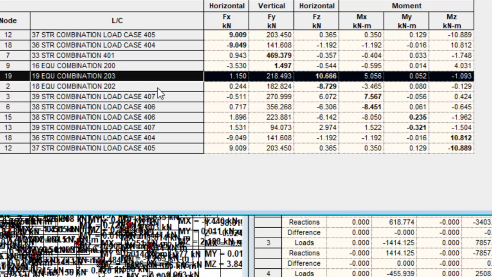Yeah. Okay, see this one. This one is giving us FZ lateral force. The maximum lateral force here is for equilibrium. Like I told you before, this equilibrium is for us to check uplift and sliding check, and it has to do with lateral forces. So you see it here now.